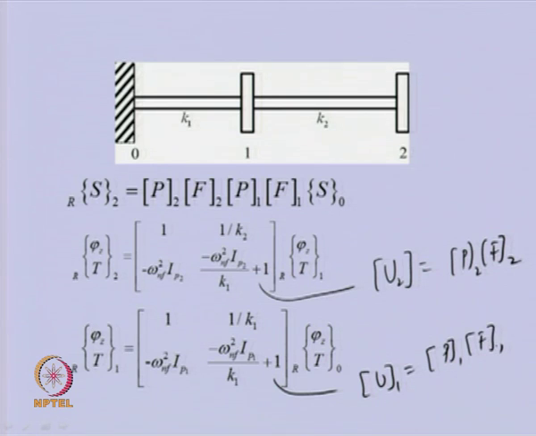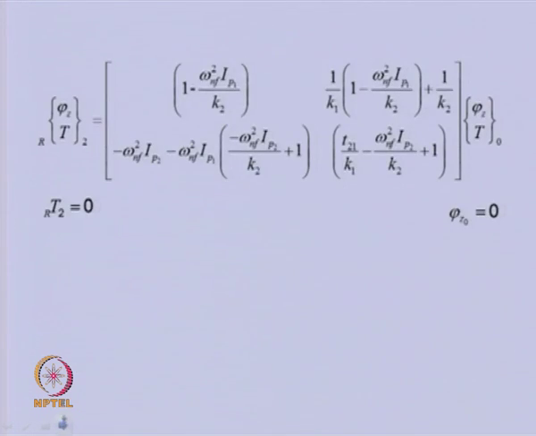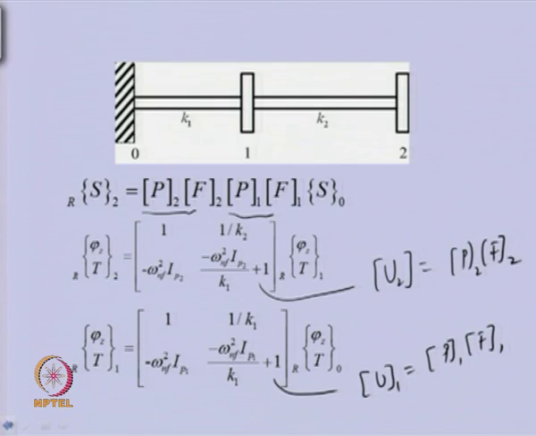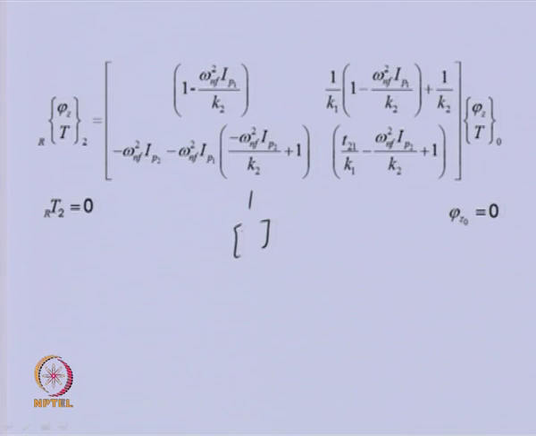So you can see that we could multiply these two, and if you go back here, this is U2 multiplied by U1. This is a 2 by 2 matrix, but with more terms.